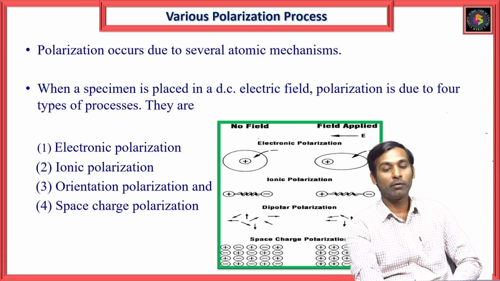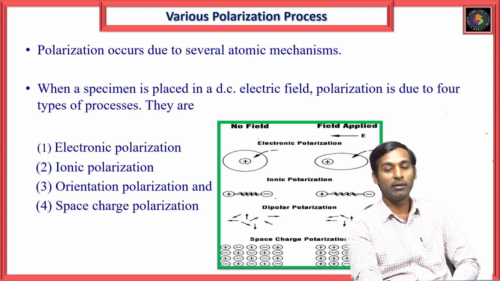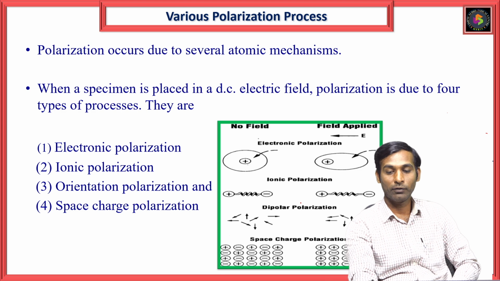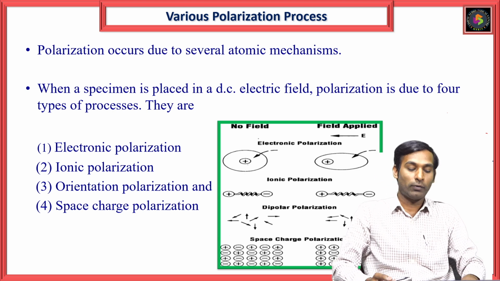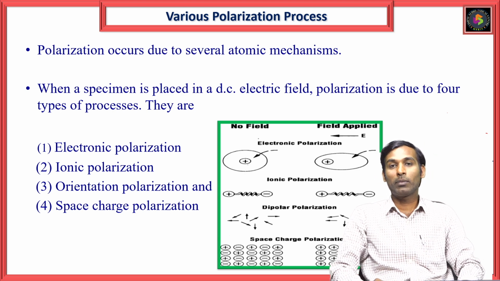For example, we take one positive charge and one negative charge separated by some distance. The dipole is produced. Once you apply the external electric field, the ionic orientation of the molecule will be changed. Here we have to find out the importance of the polarization mechanism in electronic, ionic, orientation and space charge polarization.